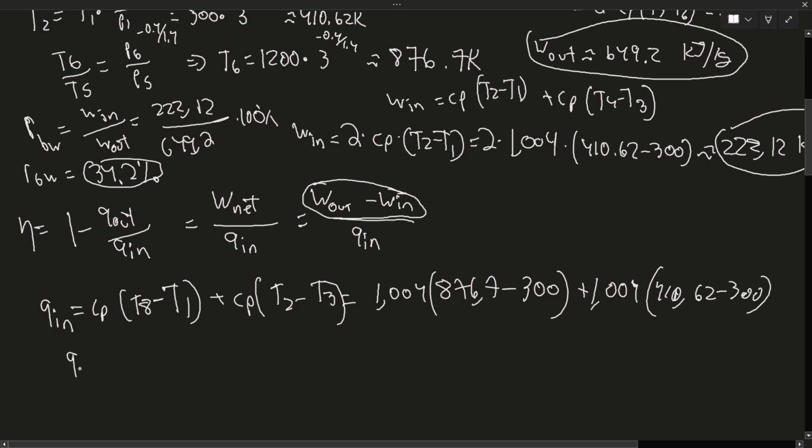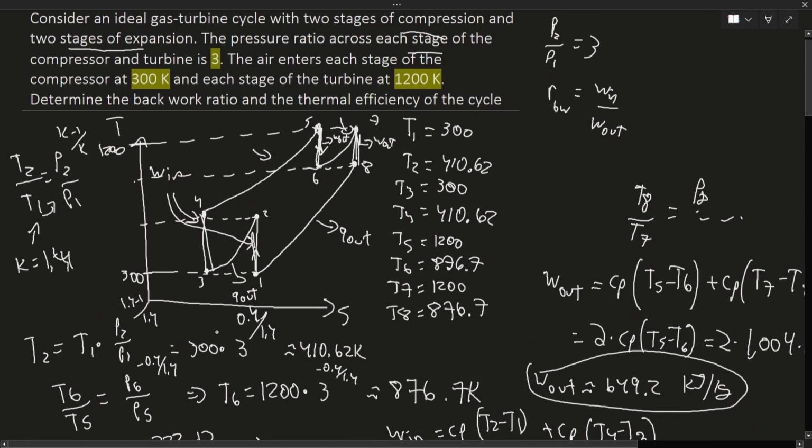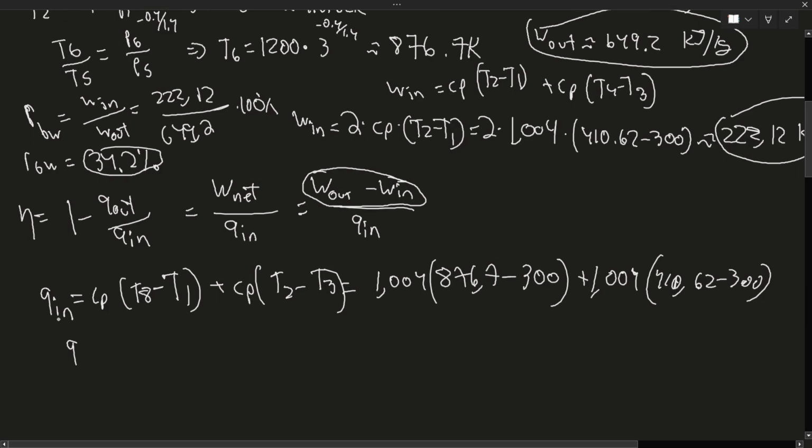Calculating all of this. Oh, wait, that's not Q in. Sorry, my bad, guys. That's Q out. Ignore that. Q out is equal to about 1117.13 kilojoules per kilogram. All right, and that's it.